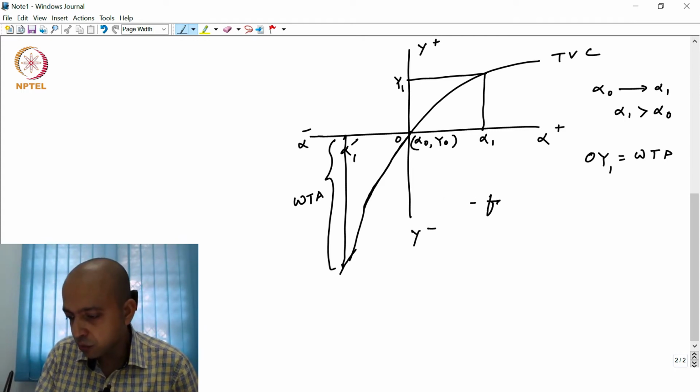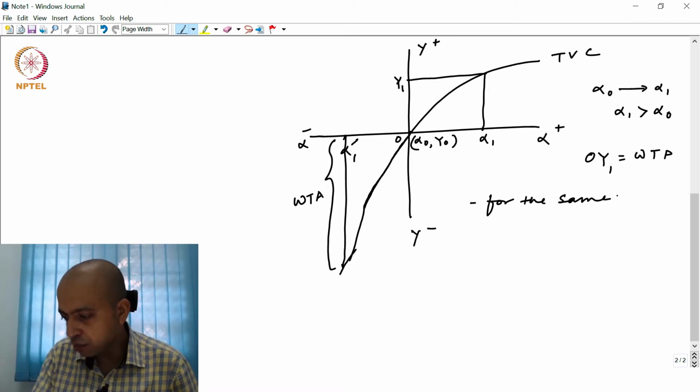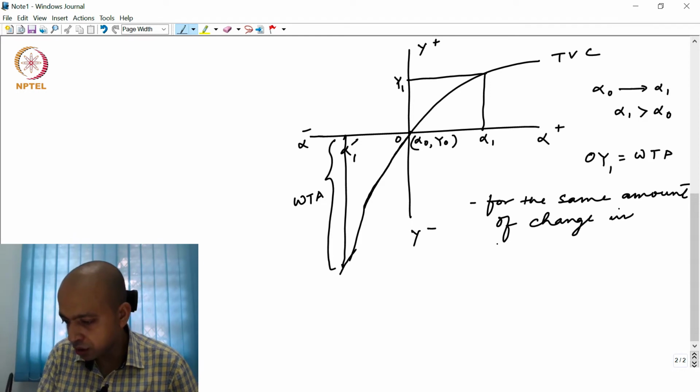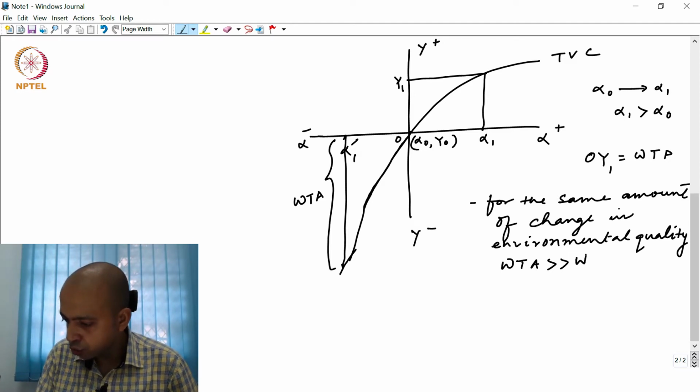Observation: for the same amount of change in environmental quality, willingness to accept compensation is much higher than willingness to pay.